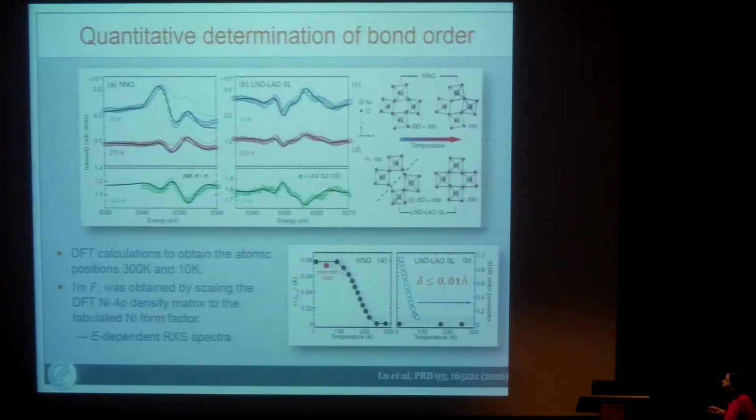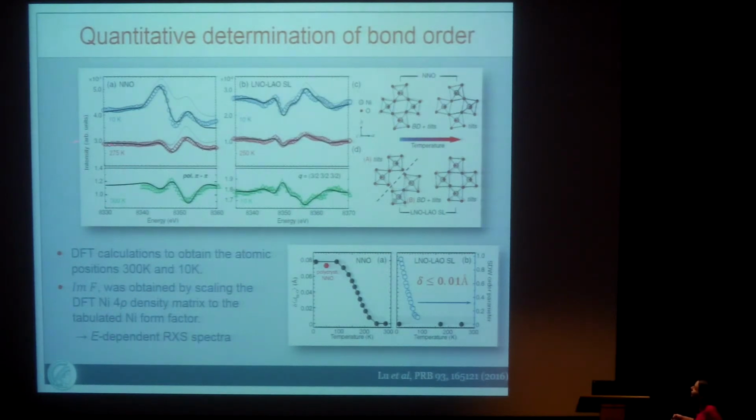So to understand these room temperature wiggles better, we performed DFT calculations to obtain the atomic positions at the low and the high temperature phase, at room temperature and in the charge ordered phase, in case of neodymium nickelate, and then calculated the scattering factors by scaling to the 4p density of states, and then calculated the energy dependence of the scattering.